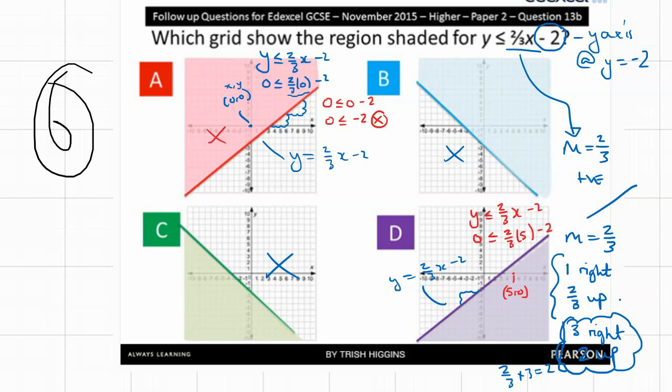I don't think I picked a very nice coordinate here because these are not nice numbers, but get your calculator out, do 2/3 times 5, subtract 2, and you will get to this stage. Is 4/3 greater than or equal to 0? Yes. So this area is the one we would have shaded in if you were to do this yourself and checked a coordinate to see that works. So our answer to this one is D.